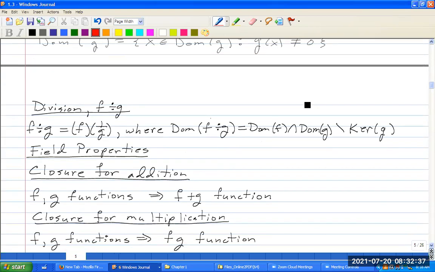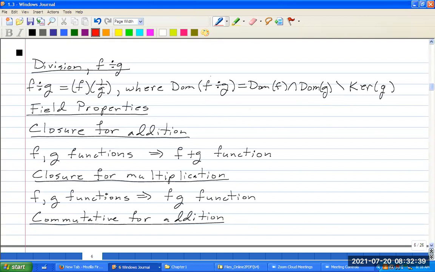So now let me combine the definitions of multiplication and the multiplicative reciprocal to get, well, division.